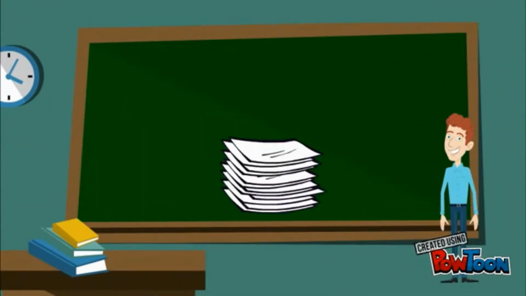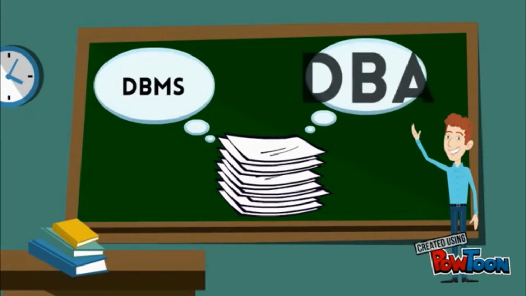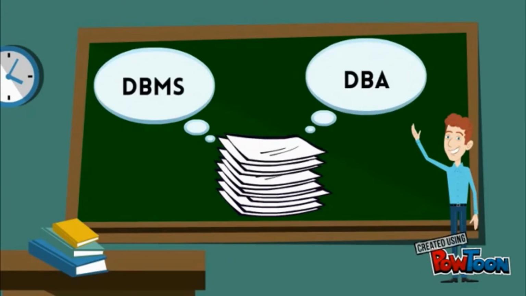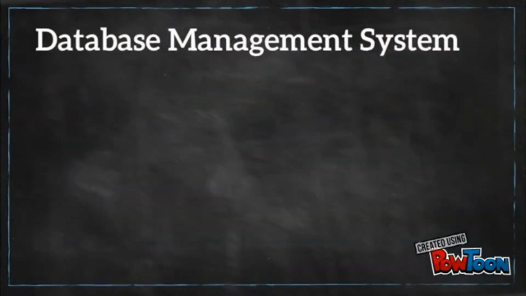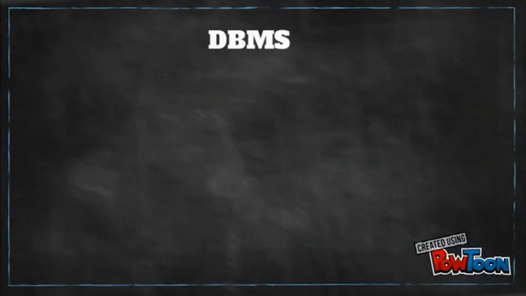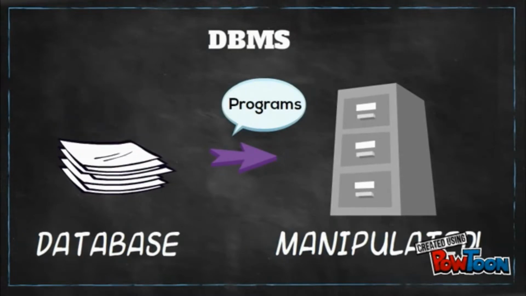We are going to learn about two things: what is DBMS and what is DBA? Database Management System, which we also call DBMS, is a group of programs that manipulate the database.